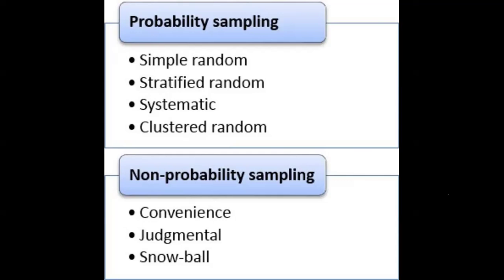Probability sampling is used whenever you have respondents or a population where their number is identified, where their total is identified. For example, I might not be able to identify the total number of people living in Pakistan, because of changes in births and deaths every now and then.